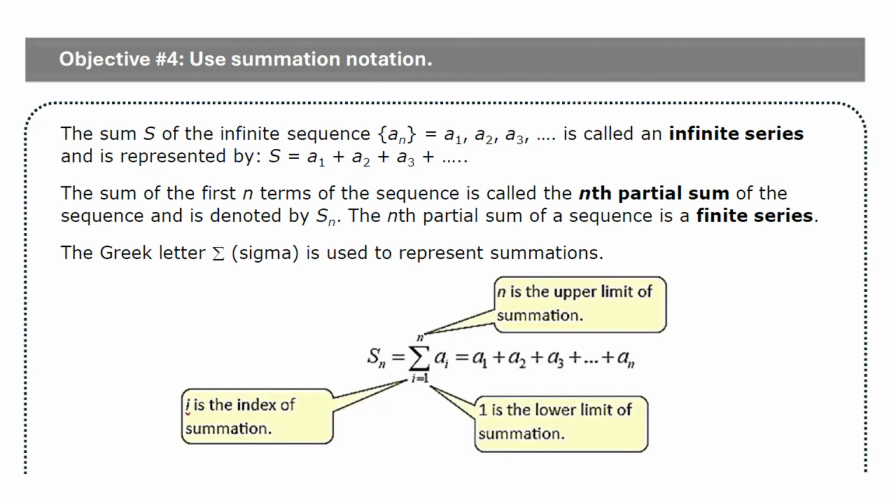The sum of the first n terms of the sequence is called the nth partial sum of the sequence and is denoted by S subscript n. The nth partial sum of a sequence is a finite series.